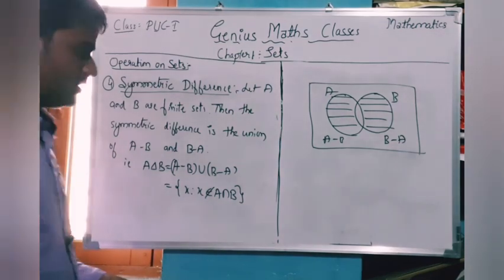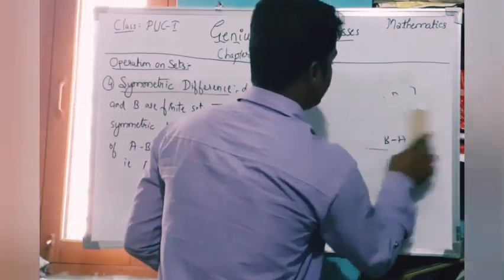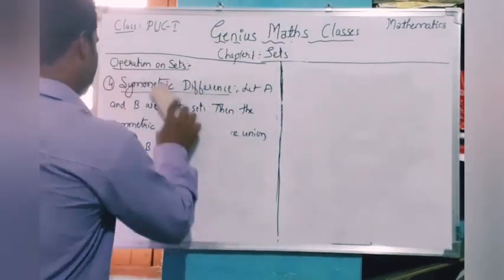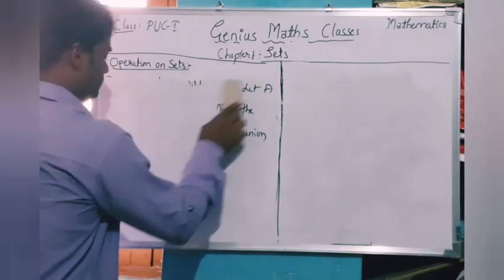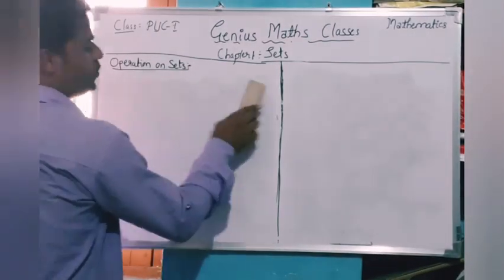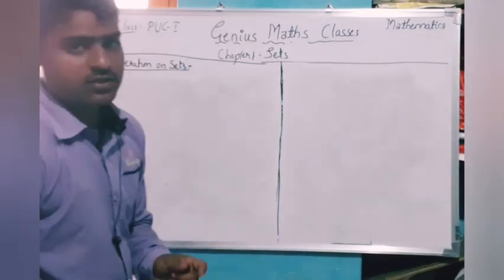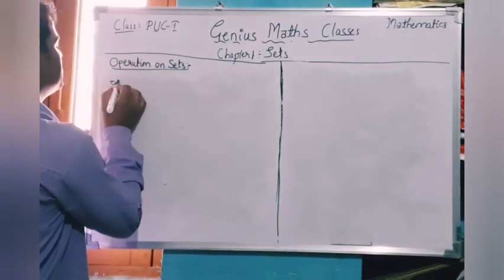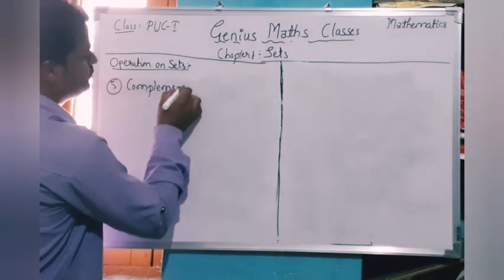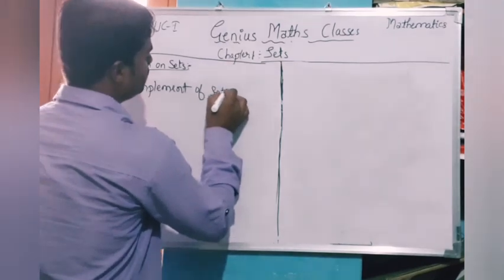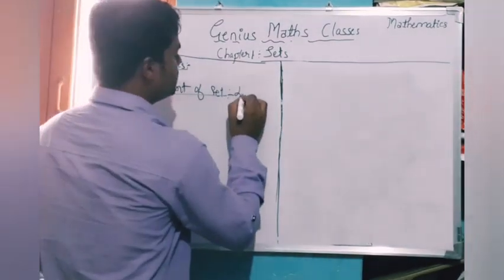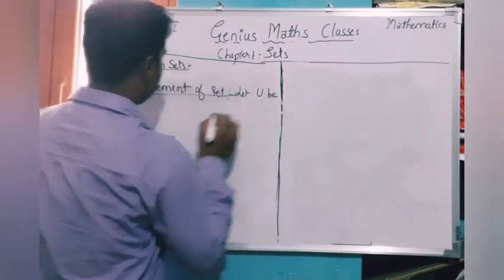Next we are going to discuss the complement. The complement of a set is very important. The fifth operation in set theory is the complement of a set.